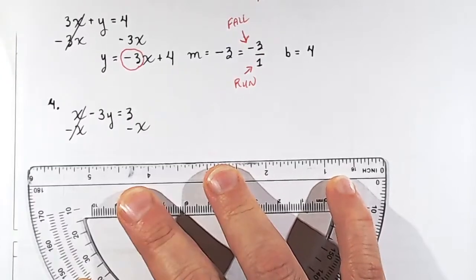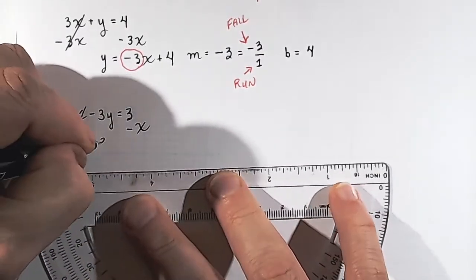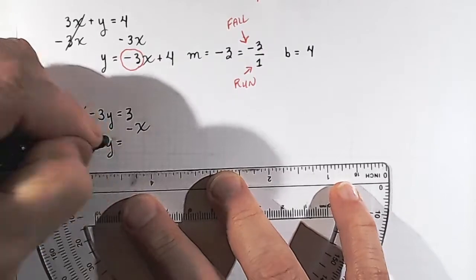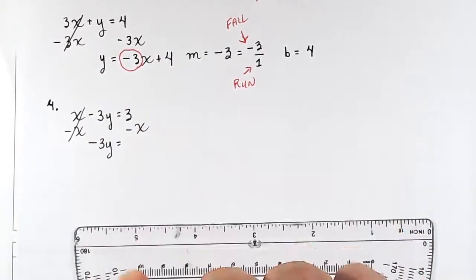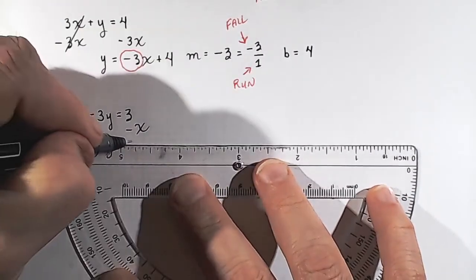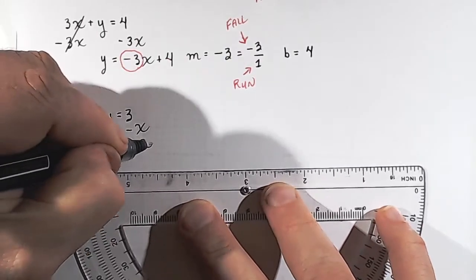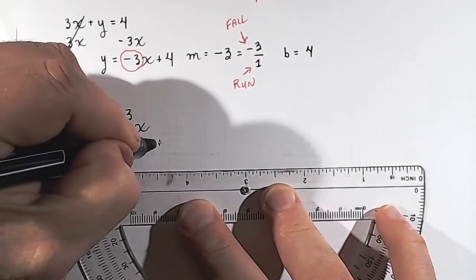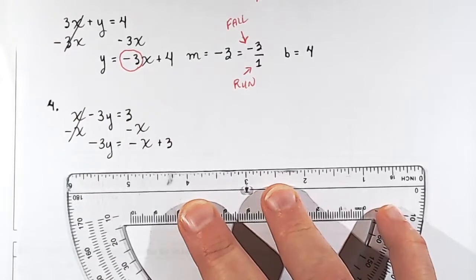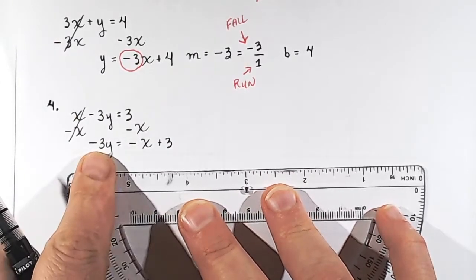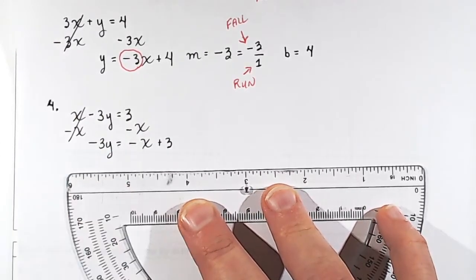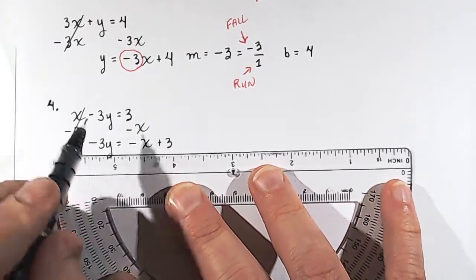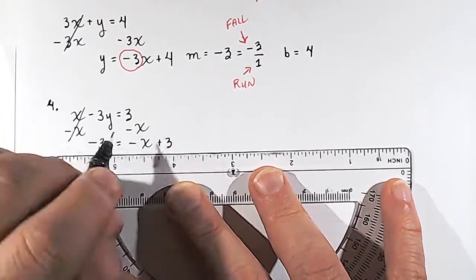On the left it cancels out, and I have negative 3y equals. Now I can't mix negative x with 3, but I want that x value to go up front, so I write negative x plus 3. And now I have to get rid of the coefficient in front of the y variable to get y by itself. Well, right now negative 3 is multiplied by y.